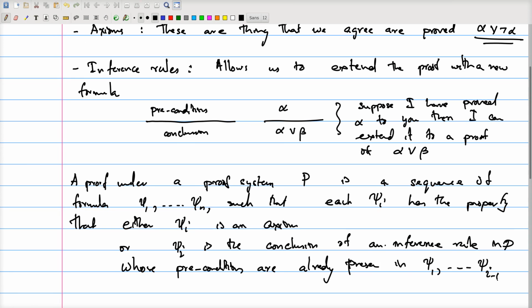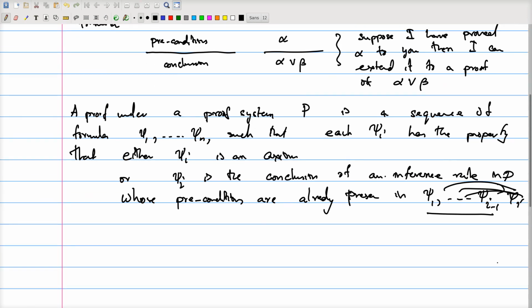So somewhere in the previous statements you have things that you agree are a proof. You can add Ci if it follows by an inference rule from some previous elements. That's what a proof is all about.